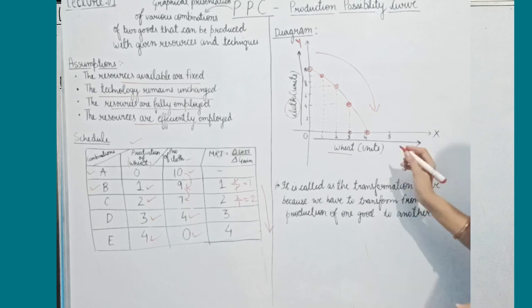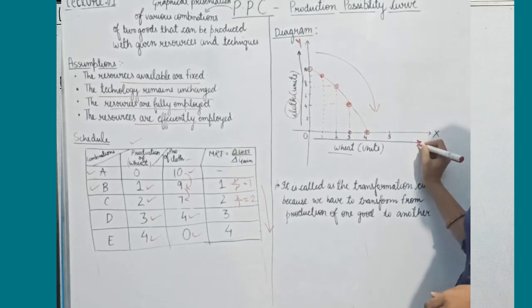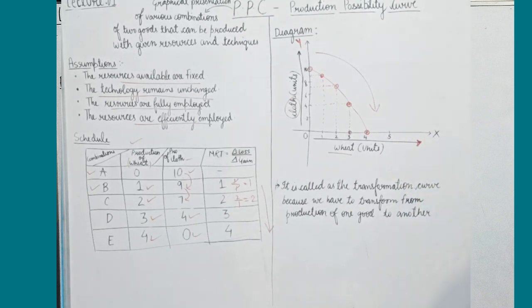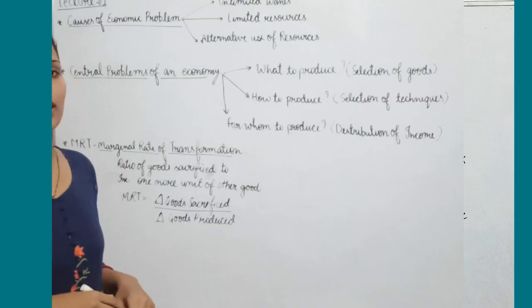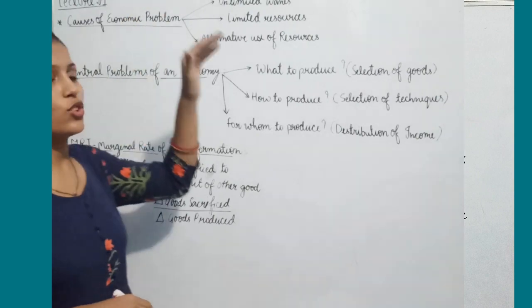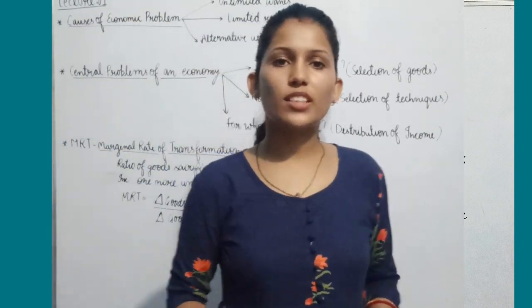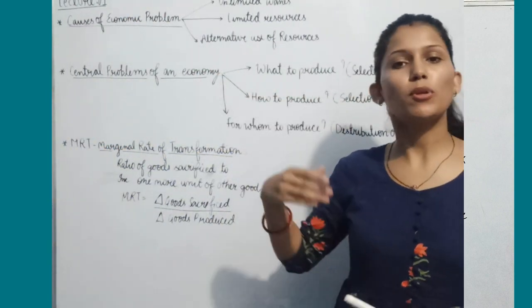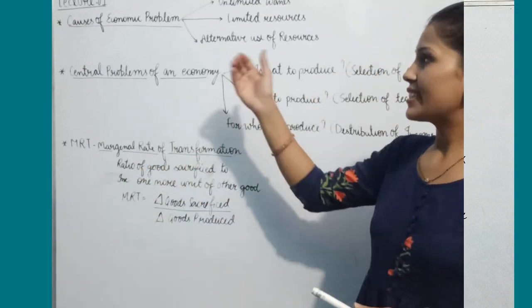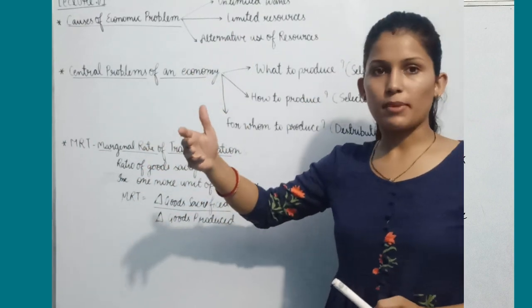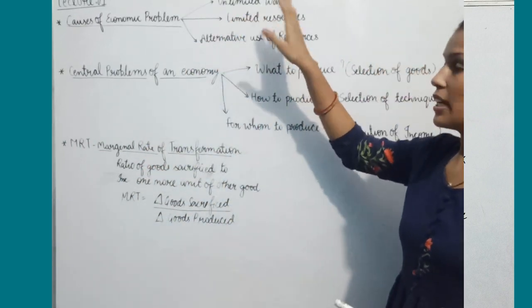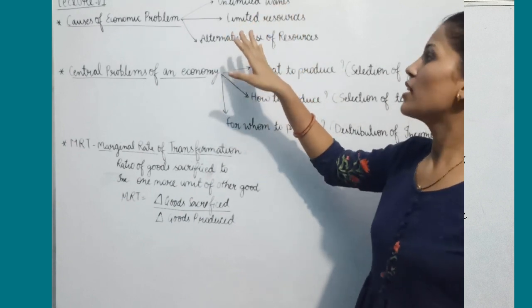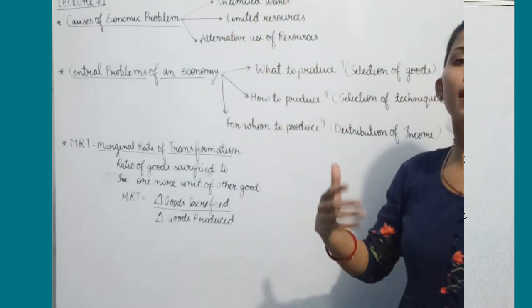Okay, so hope you have understood this. Next are the causes of the economic problem. What are the causes behind the economic problem? Economic problem we have studied, so next is, what are its causes? There are mainly three causes which cause an economic problem in an economy.